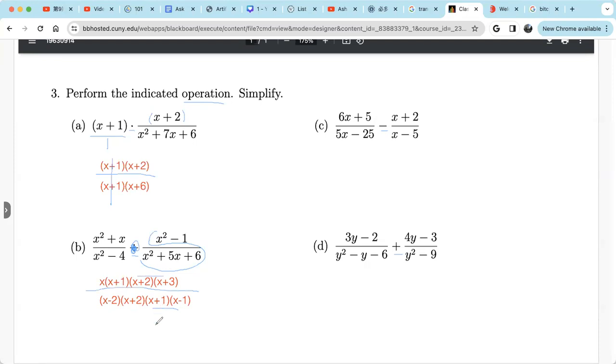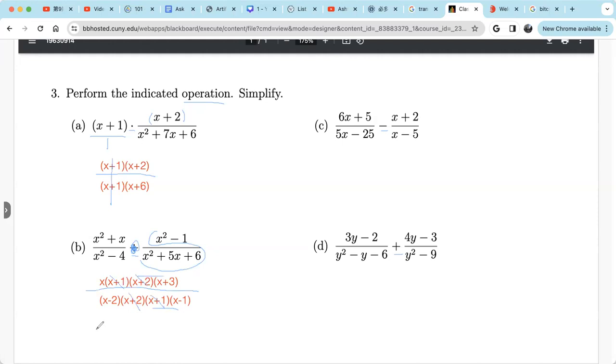So now you see the numerator is in factored form. The denominator is also in factored form. So we're looking for common factors in the numerator and in the denominator to cancel out. x plus 1, x plus 1, x plus 2, x plus 2. And that's it.